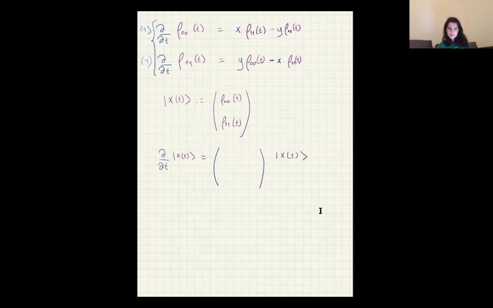And this matrix is, if I got it right, yes. Oh, sorry. Minus y, x, x, minus y.